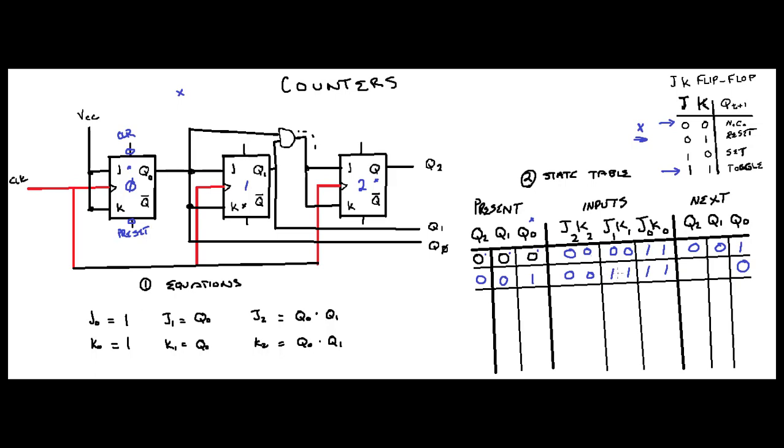So that's also in the toggle state. So Q1 is 0 now, it's going to toggle to a 1. Makes sense. And J2 and K2 are both 0. So that's no change. That's going to stay right where it is. What's the next step? Let's write it down here.